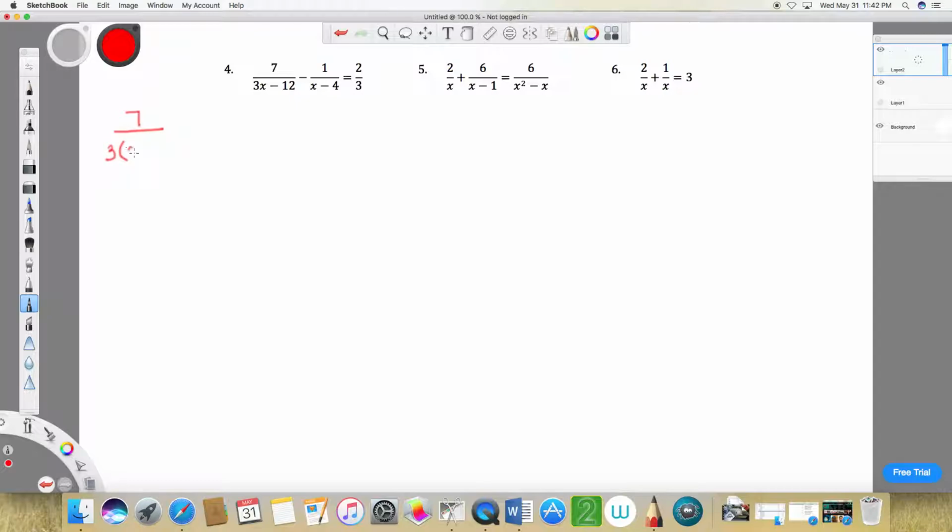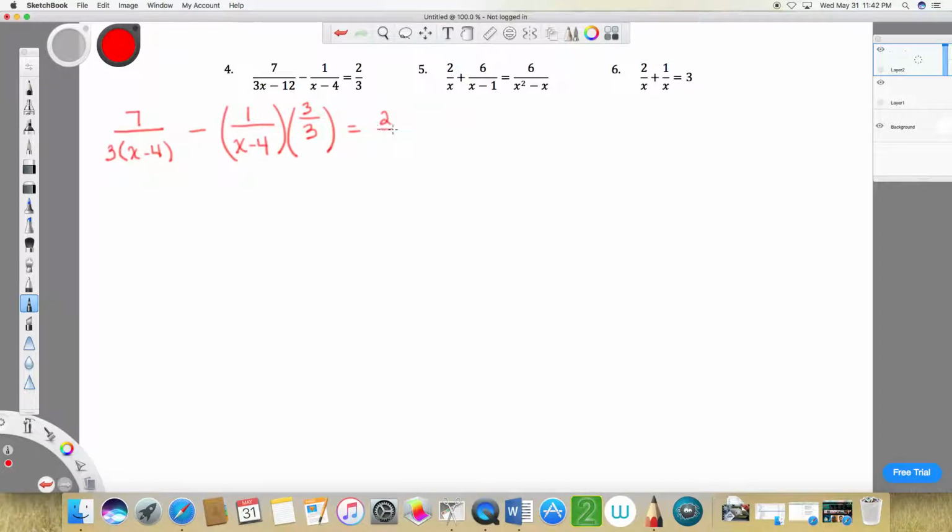And this can be written as 3 times the quantity x minus 4. And now I can see that this x minus 4 in the second term is missing a factor of 3. So I can just right now jump in and say, well, if I multiply that by 3 over 3, then I'll have the same denominator in these two terms.